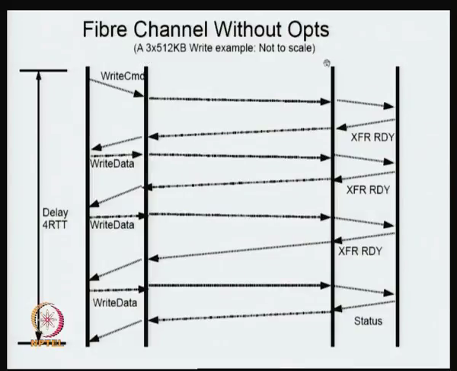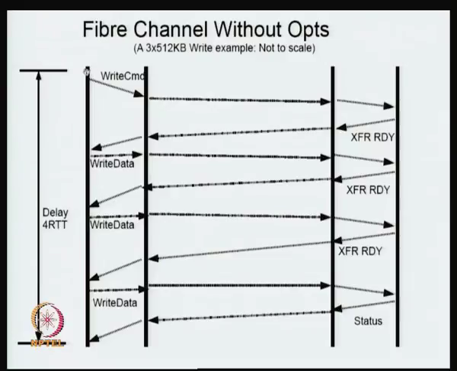On the other side, this is also my first level Fiber Channel switch. You can call this the entry into the Fiber Channel network, this the exit from the Fiber Channel network, and this is the target. So this can be a disk, for example, and this can be the application HBA, for example.